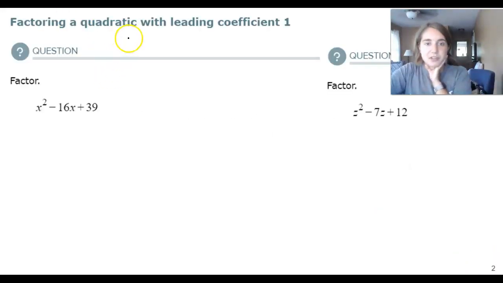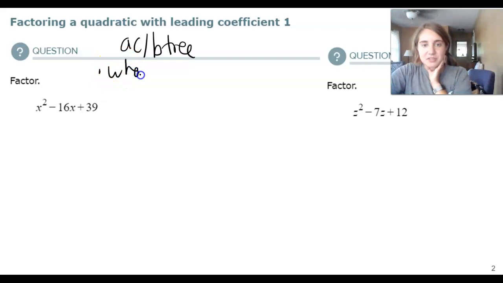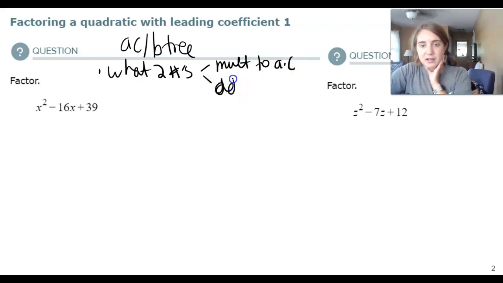Okay, we're going to do something called an A-C-B tree. We want to know what two numbers. They have to have two requirements. Multiply to A times C and add to B. So what two numbers multiply to A times C and add to B?